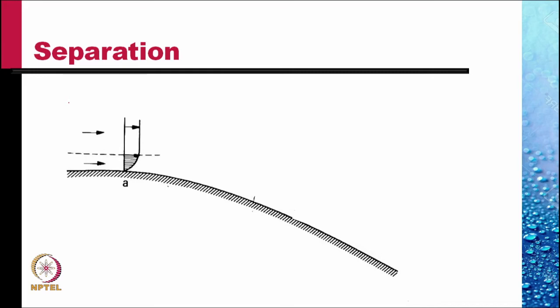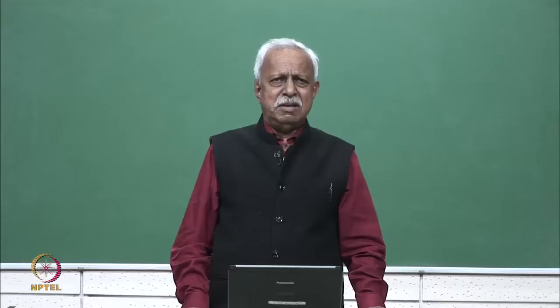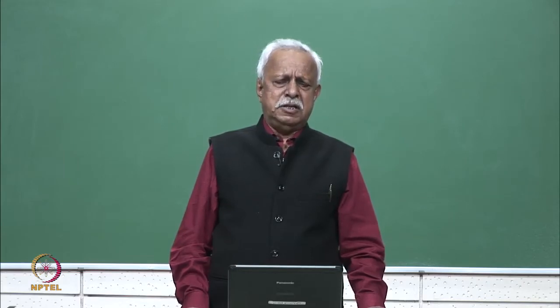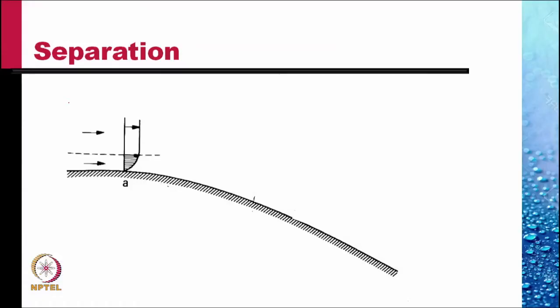And if the flow outside the boundary layer has sufficient energy to negotiate the adverse pressure gradient, the flow within the boundary layer does not have sufficient energy. And so the flow within the boundary layer near the wall slows down much more.